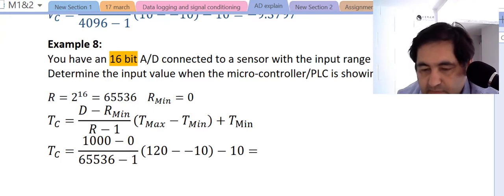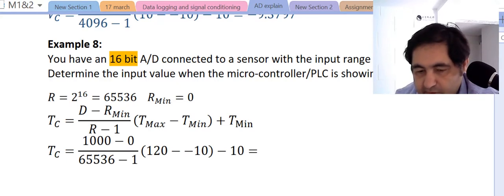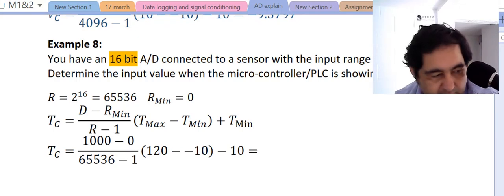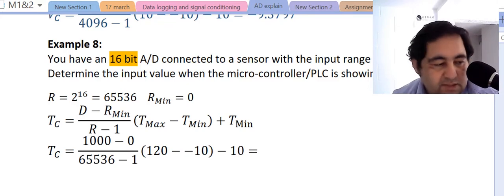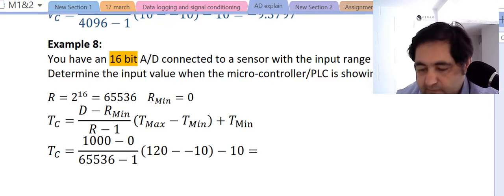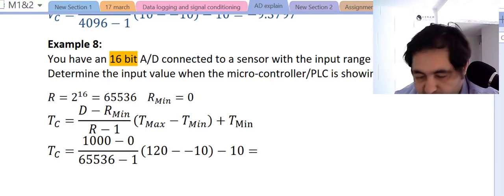1000 divided by 65535. Why is it? Because obviously the number that we have is minus 1, so here 120 minus 10 is going to be 130 times that, and then whatever we're getting is minus 10.